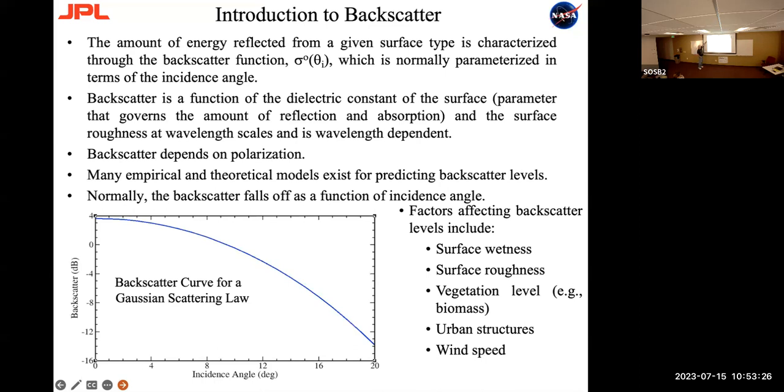It also depends upon the surface roughness. And this is another key thing. Roughness matters at the wavelength scale. So it's not that you can just make an absolute measure of the roughness and know everything. Suppose that you're measuring something with a 1 meter wavelength. The wiggles that are, say, a half a centimeter, they don't matter too much.